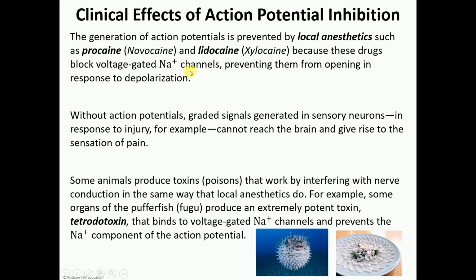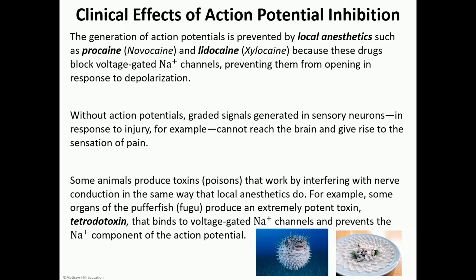So even if a graded potential reaches the threshold, these anesthetics prevent the voltage-gated sodium channels from opening. No matter how strong that stimulus is, these voltage-gated sodium channels are pretty much paralyzed and an action potential will not happen.